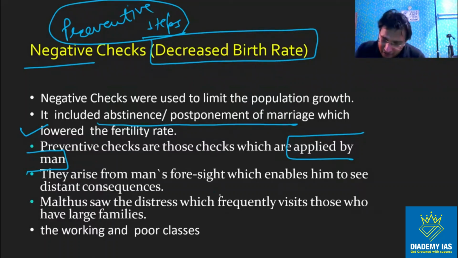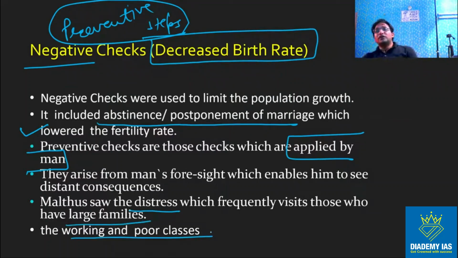And Malthus said that he has seen the distress which was caused because of large families, especially in the working and poor classes. So these negative checks have been suggested especially for those people who are in the working class, the poor class, who do not have sufficient access to resources. So especially those people should avoid increasing the family size, because with the increase in the family size comes the distress, comes the trouble.